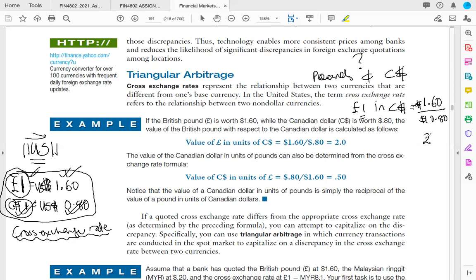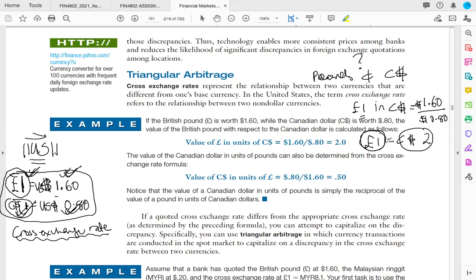So that means each pound is worth 2 Canadian dollars. This is known as a cross exchange rate. Initially, we had the exchange rate between the pound and the US dollar, and between the Canadian dollar and the US dollar. But we managed to use these to get an exchange rate between the two currencies that were expressed based on a common currency.